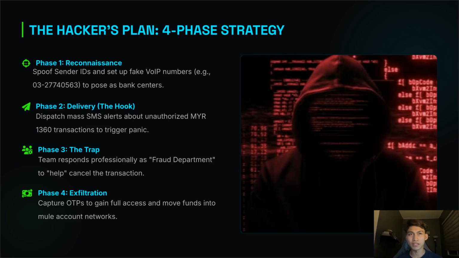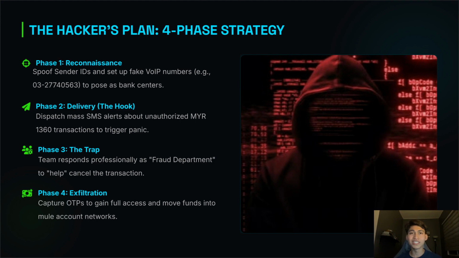I set up my SMS gateway infrastructure to spoof the target bank sender ID. Simultaneously, I register a virtual telephone number using voice over IP platforms that mimics a legitimate trusted corporate landline area code, such as a Kuala Lumpur 03 number in front, creating a ready-to-use fake call center.